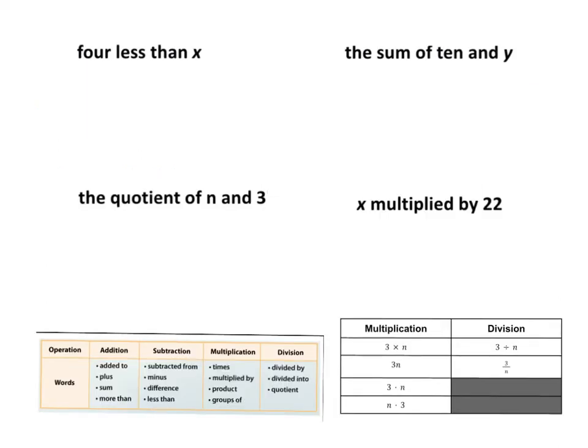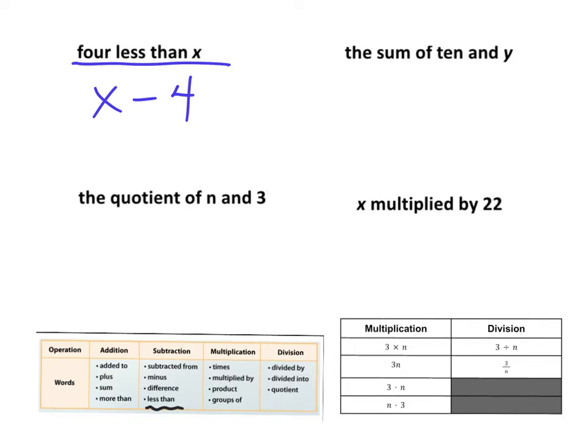So we're going to write some expressions using these words. 4 less than x. If we look down in our chart, less than is an indicator that we should be doing subtraction. So we have x, and we needed 4 less than x. So x minus 4.